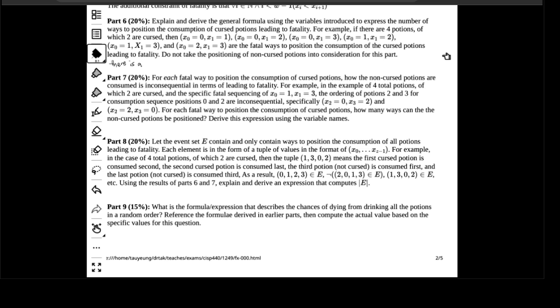There is a 1-to-1 correspondence between the combination and ordering of cursed potion consumption.